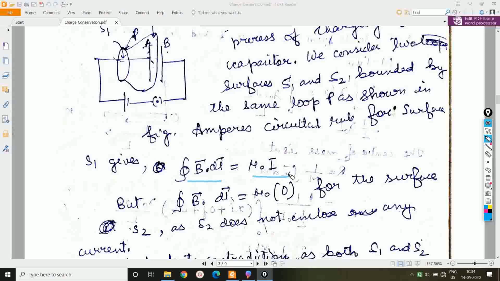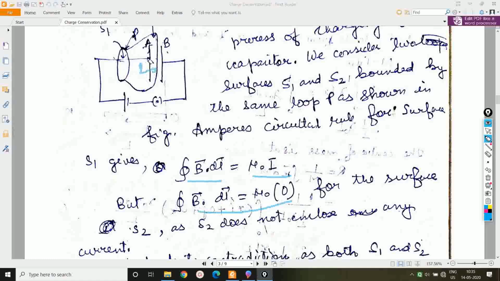So for S1, the line integral of B dot dl will be mu 0 times the current enclosed by this surface, and here the conductor cuts through it, so it will be mu 0 into I. But when we apply the same Ampere's circuital law for the surface S2, this one, the line integral of B dot dl is equal to mu 0 times 0.